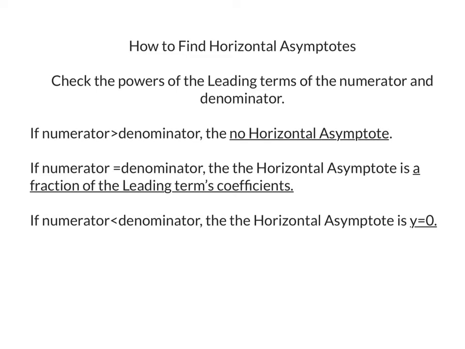Specifically, I want to point out if the numerator is greater, there's no horizontal asymptote because there is a slant asymptote. We'll talk about that later, but for now, just leave it as no horizontal asymptote.